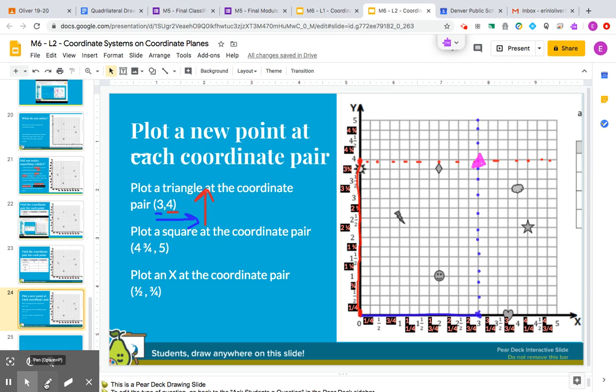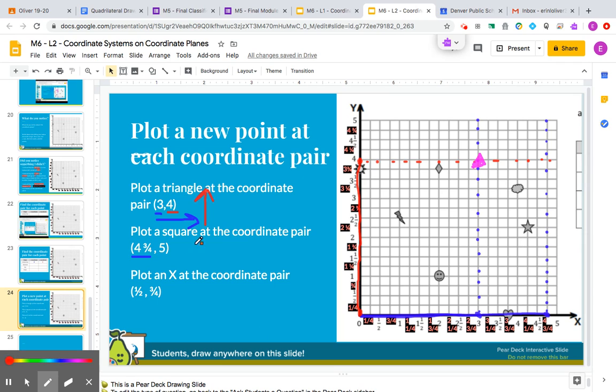Now let's check out the next one. I need a square at the coordinate pair 4 and 3/4. So let's start at our x, find 4 and 3/4. Found it. We're going to draw a line up because we know it has to match this far on the x-axis. So it has to be in line with 4 and 3/4.